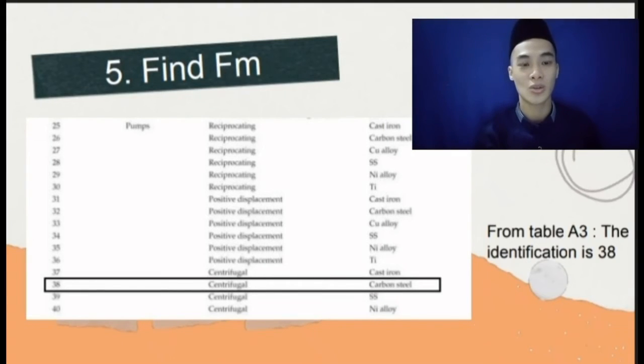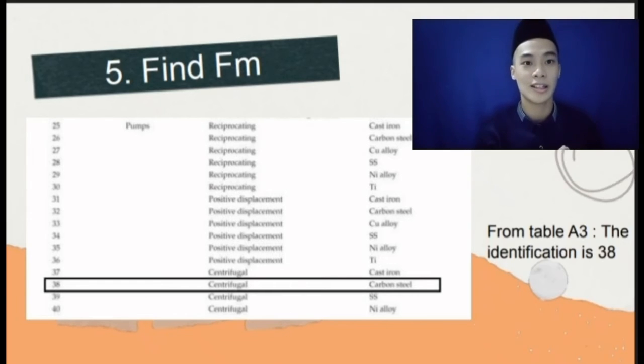Now I will present about how to get the material factor, or FM, using Table A.3 and A.18. First, let us look at Table A.3. The type of pump that we use is a centrifugal pump, and the material of the pump is carbon steel.